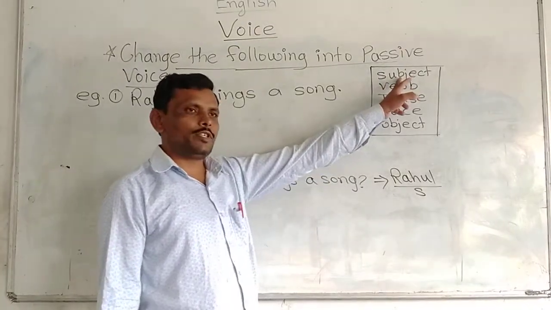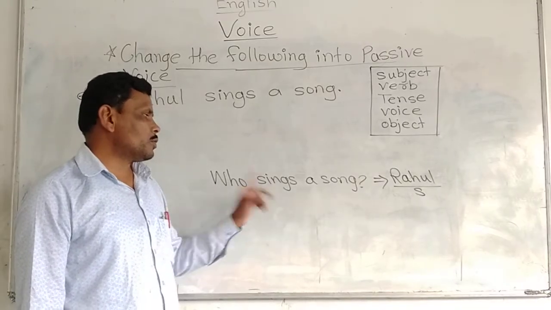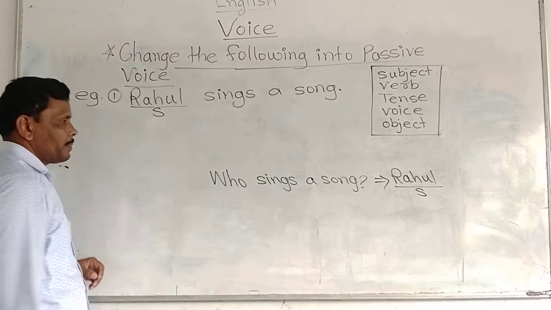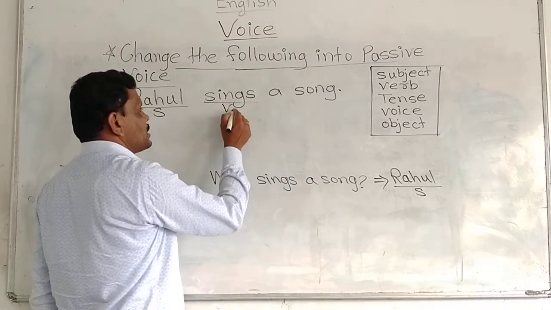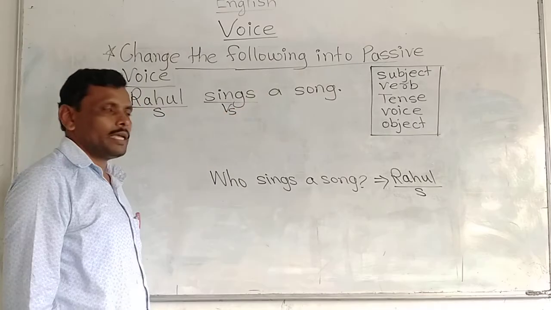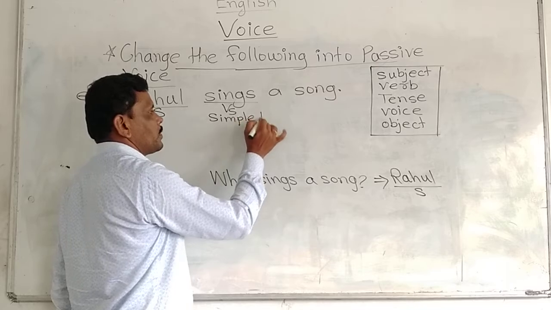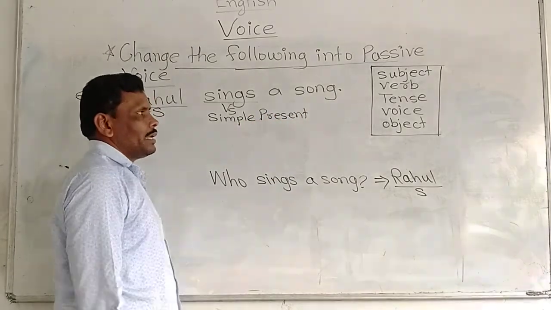While finding the subject from the example, we have to ask the question with who to the main verb. So Rahul is the subject. Now sings, this is the verb. This is the V1 form. It is simple present tense.